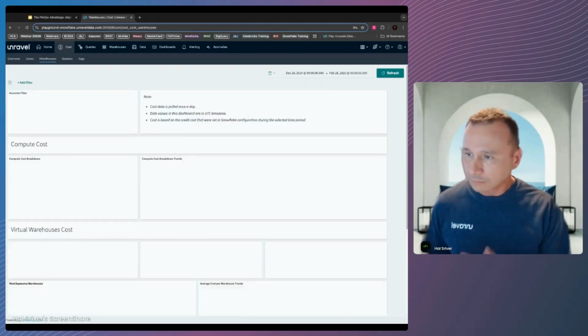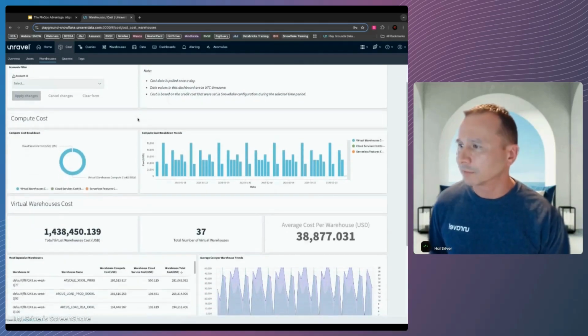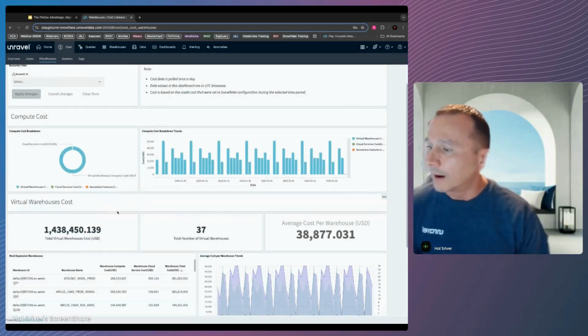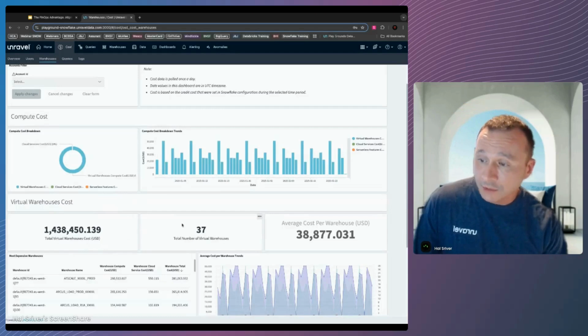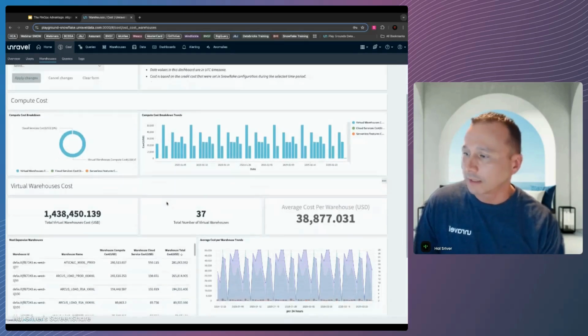So again, once this paints, you're going to see some familiar metrics and information. Things around that breakdown of compute cost across those categories, my total virtual warehouse cost, total number of virtual warehouses, and an average cost across those. There's some trending here as well.